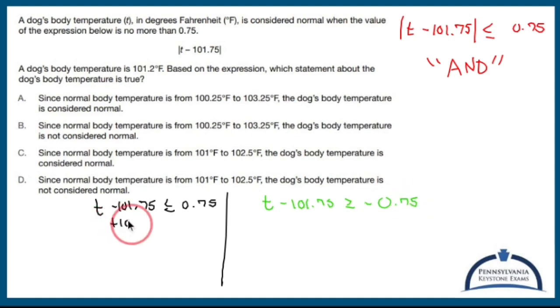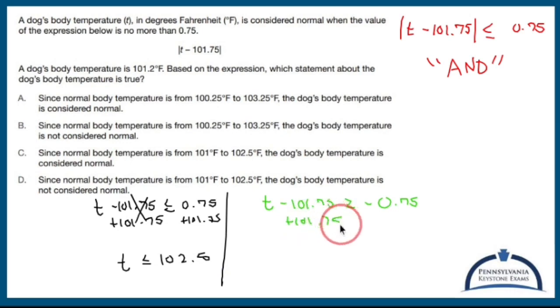I'm going to add 101.75 to both sides. I had 101.75, cross you out. And t is going to be less than or equal to 102.5. Over here, I'm going to add 101.75, add 101.75, cross you out.